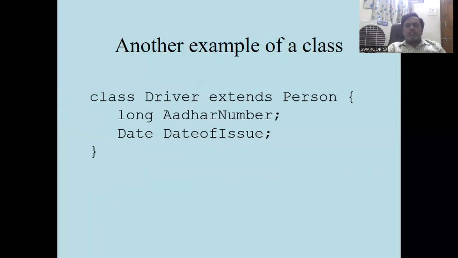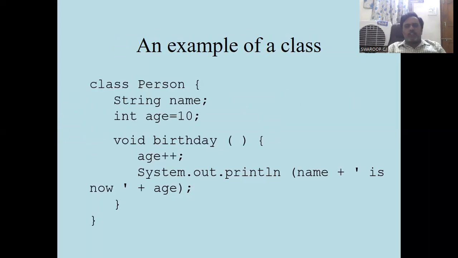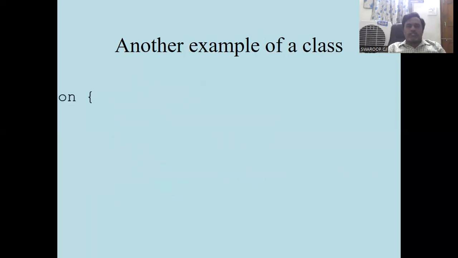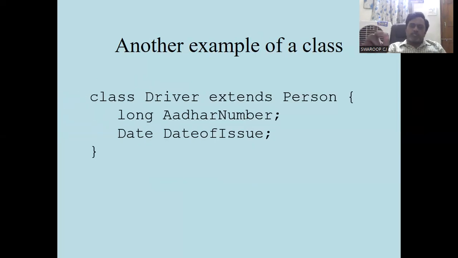Another example here, see. Here I am creating a new class driver from an existing class person. See here, the previous class person I had defined here. From this class, I am creating one more class. With the help of the person class, I have defined the new class called driver. This concept we can call inheritance.